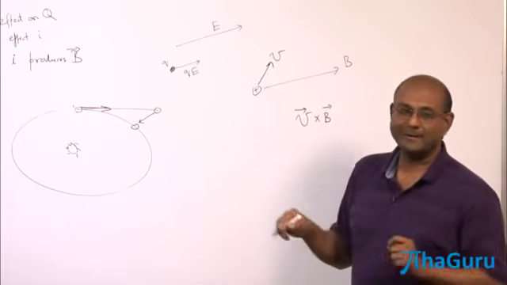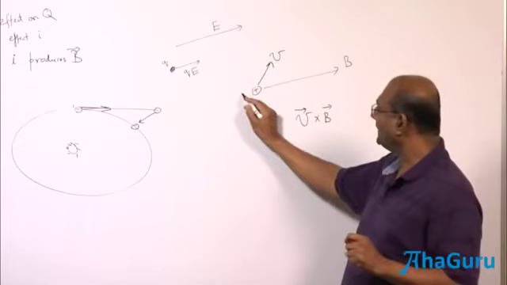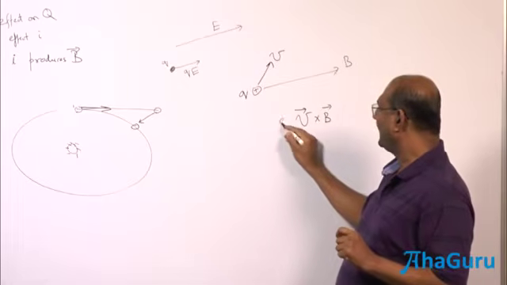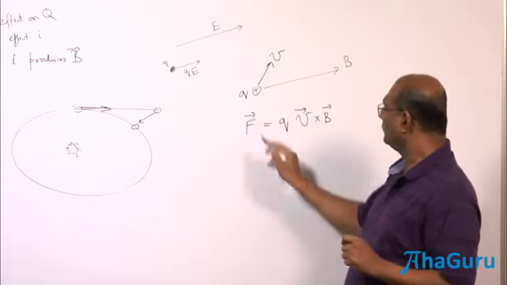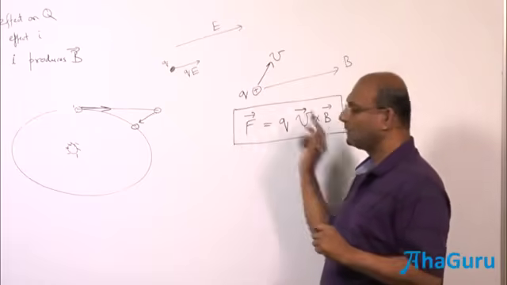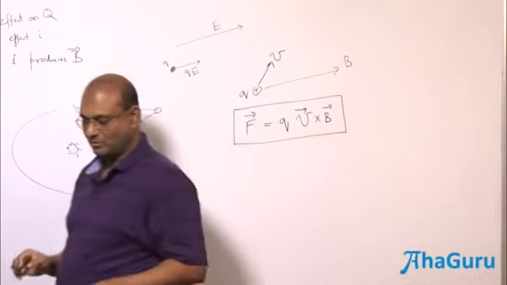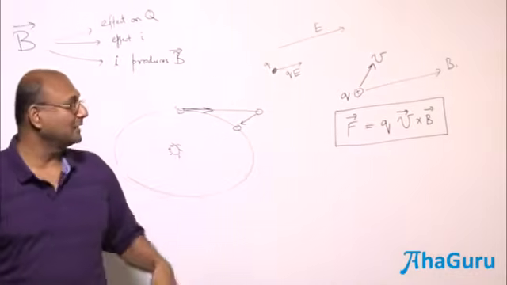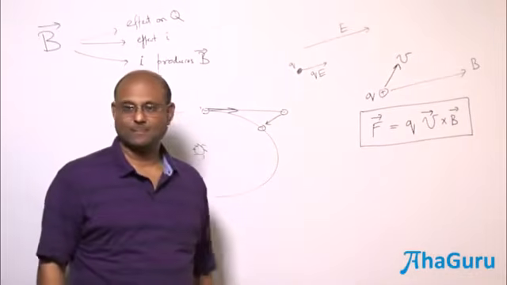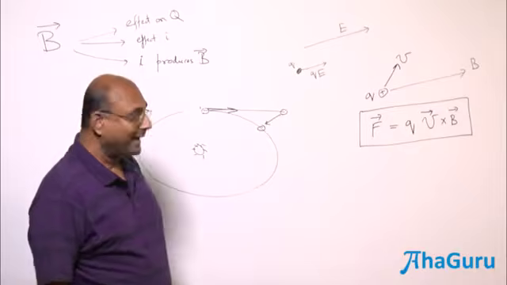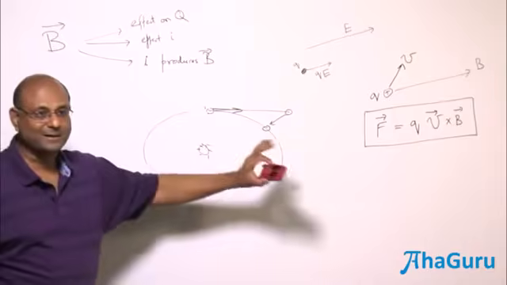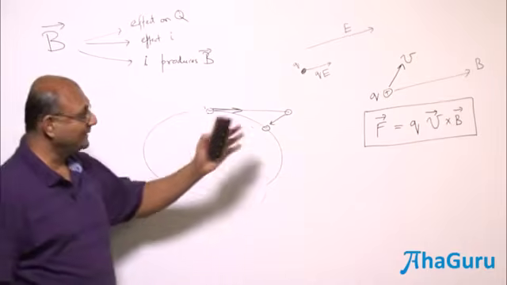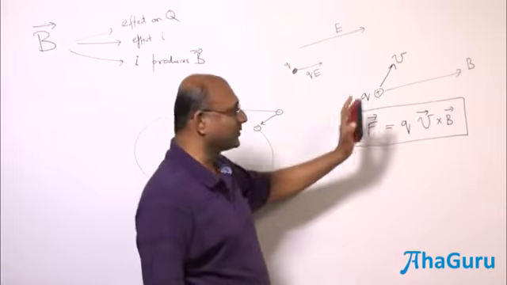This vector is perpendicular to V and B. It also depends on the size of the charge, and it turns out that this is the force. Okay? Now, there is no derived explanation that you can bring to this. But starting from this, you can derive everything else. So, we are going to take this as a fundamental statement about either magnetic field or as force produced by magnetic field.